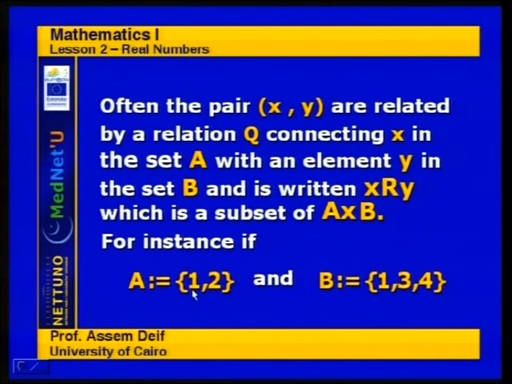So what you can do is take 1 with 1, which gives 0, or 1 with 3, which gives minus 2, also even. So you choose among the Cartesian product only those which have a property called Q, and this property is a kind of arrow which emanates from A and ends at B in such a way that X minus Y is even.